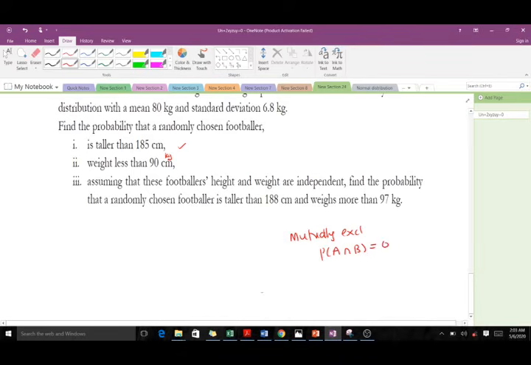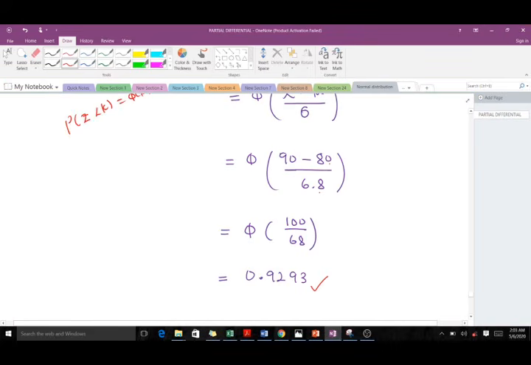But when they are independent, the probability of A intersection B is equal to the probability of A times the probability of B. So here they are independent, so that means this holds. So we should find the probability that a randomly chosen footballer is taller than 188 centimeters and weighs more than 97 kilograms, right?